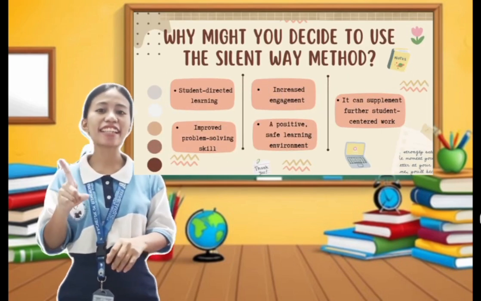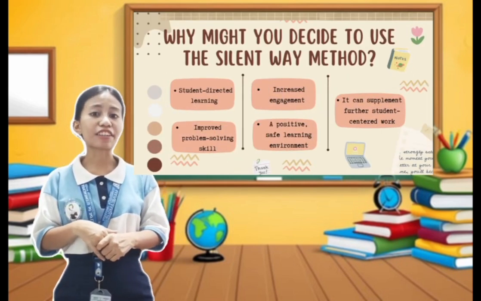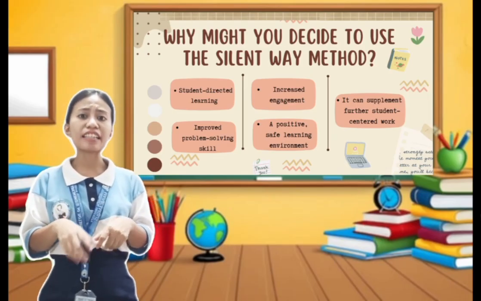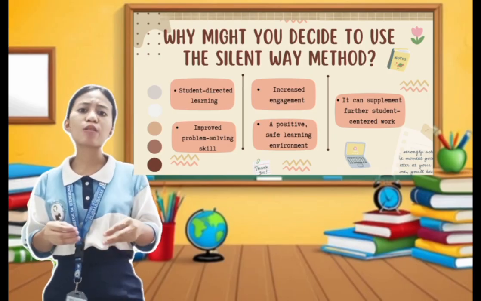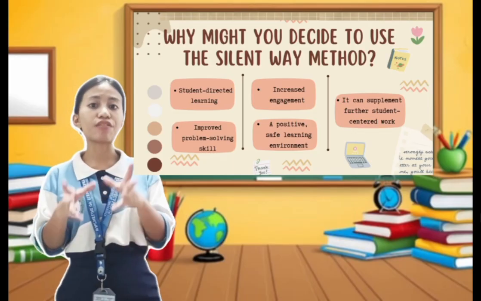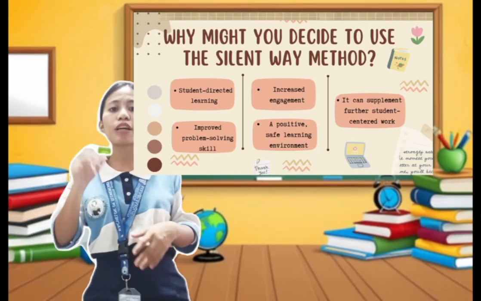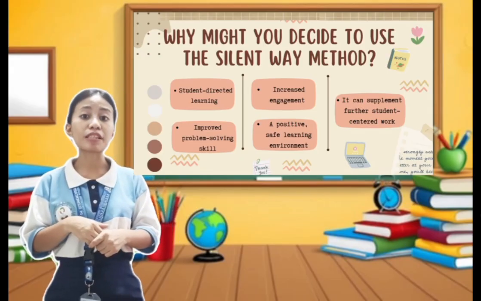So the first here is student-directed learning. Students take charge of their own learning. They decide what to focus on and how to find answers instead of just waiting for the teacher to tell them. Number 2, improve problem-solving skills.